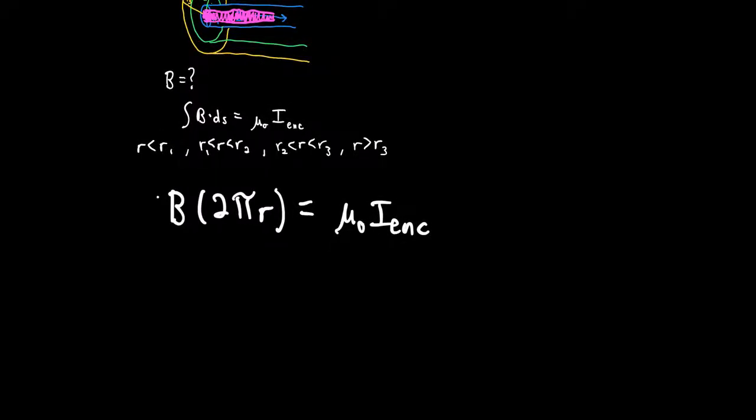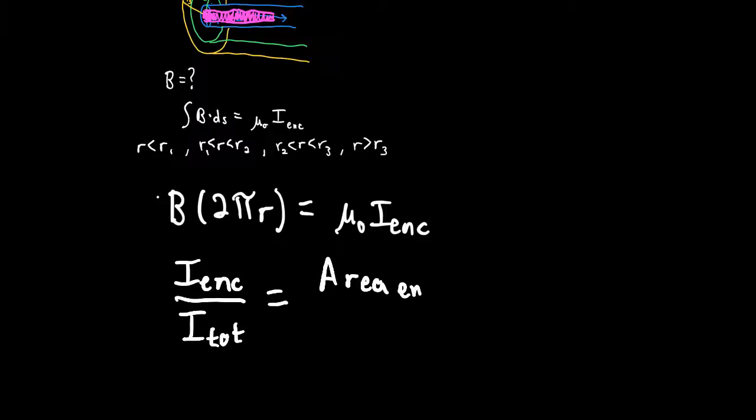Now, this current is uniformly spread throughout this wire, so I can figure out the enclosed current by taking a ratio. So I can do I enclosed over I total is equivalent to the total area that's enclosed over the total area.